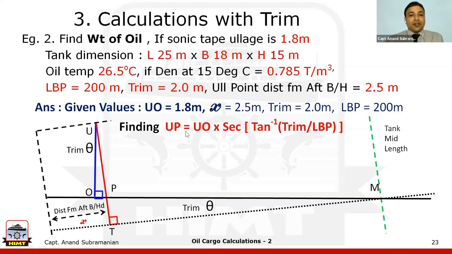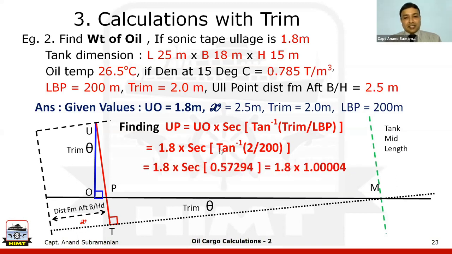This is the formula for tape correction: UO into secant of tan inverse of trim by LBP. Superimposing the values, UO is 1.8 into secant of tan inverse of 2 by 200. So 1.8 into secant of that value, and ultimately we get UP, which is 1.80007.